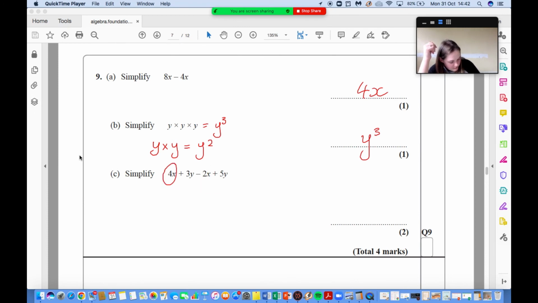I'll just draw that again, minus 2x. You've then got 3y there and 5y there. So you've got 4x, take away 2x, that leaves me with 2x. Then you've got 3y plus 5y, so both positive numbers. So 5 plus 3 is 8, and it's positive, so it'll be plus 8y. So your final answer is 2x plus 8y.